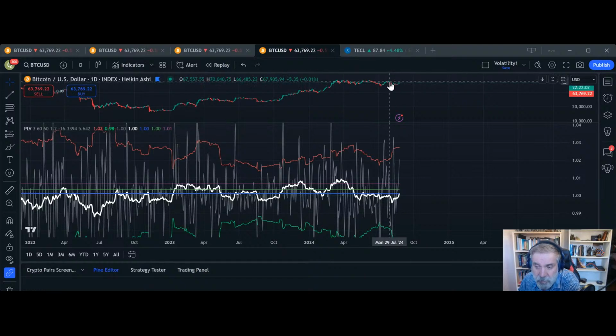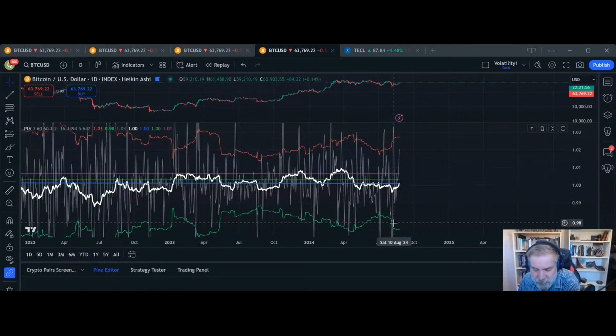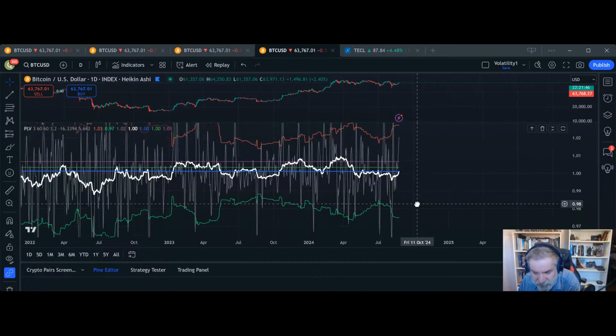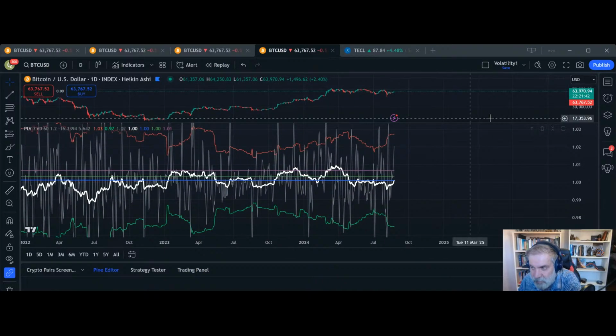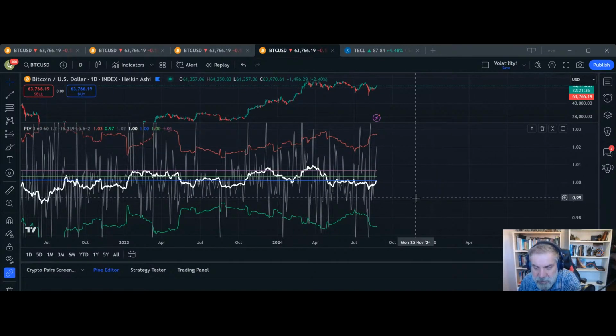So maybe you can use it to wait and buy a dip. The dip is associated with crossing in the other direction, where the returns for that day become really small. That is a sign that there is a dip, and you can use that to buy the dip, like here, for example. So it's a really useful indicator.